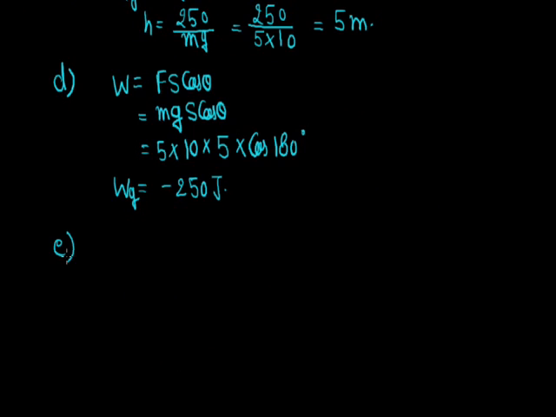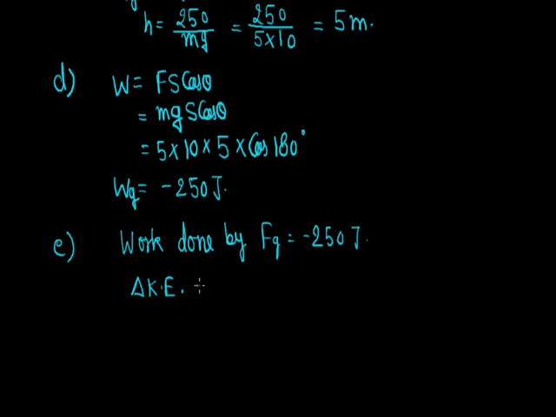Now E. In E, we have to interpret from the results of A, B and C. The results are, first, work done by force of gravity is -250 joule, and as we know from the work energy theorem, the change in kinetic energy means kinetic energy final minus kinetic energy initial.